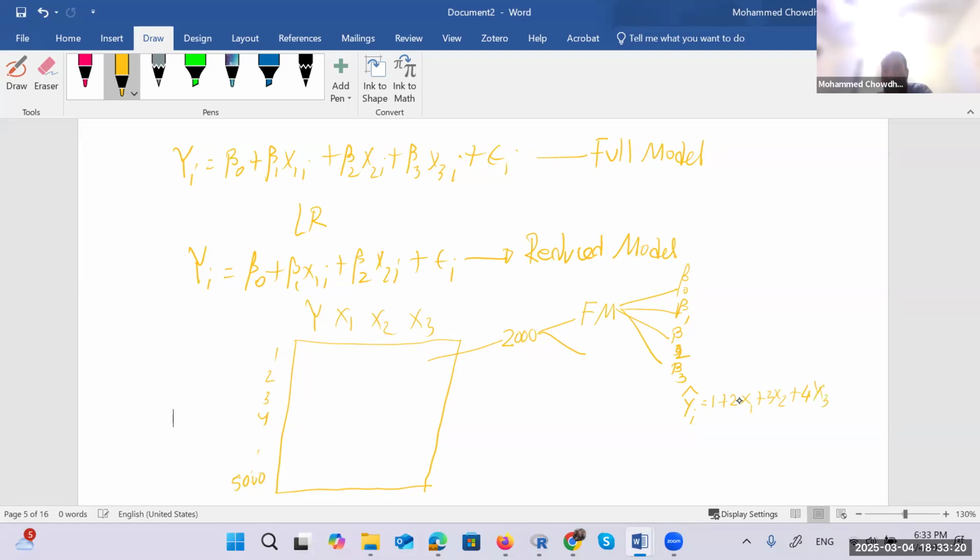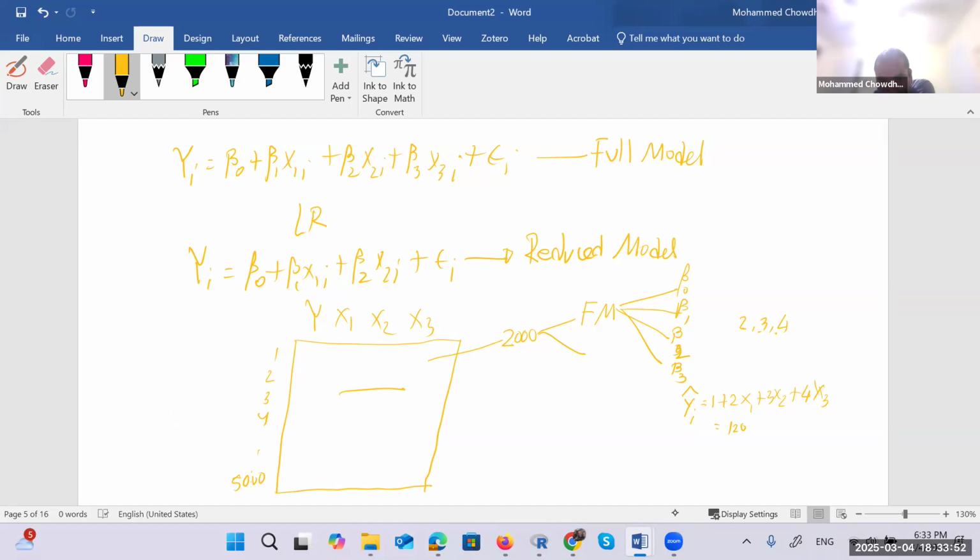Now I took any x1, x2 and x3 from this data. Suppose I want to take x1 equal to 2, x2 equal to 3, and x3 equal to 4. These values come from this data, and I plug them in there. After plugging in, suppose I got the value 120.